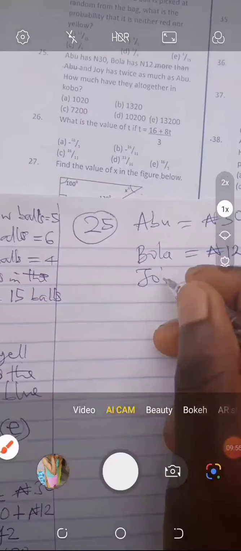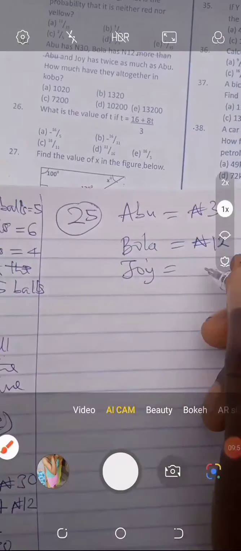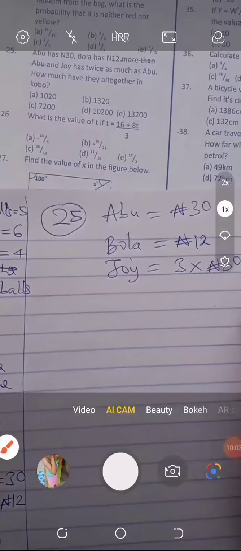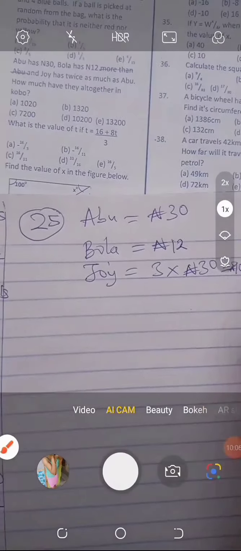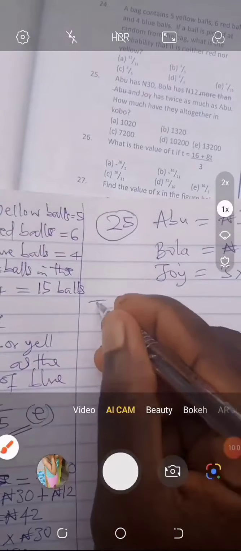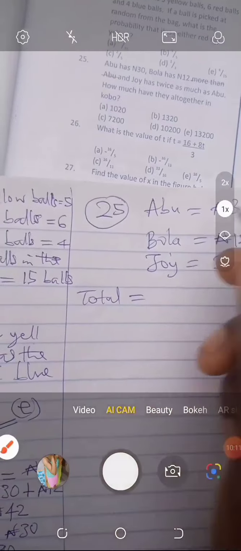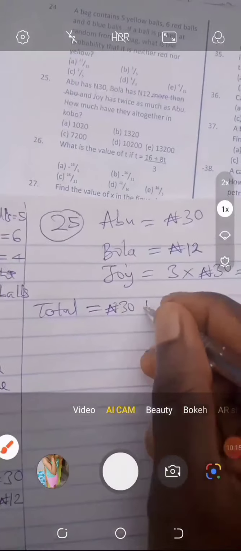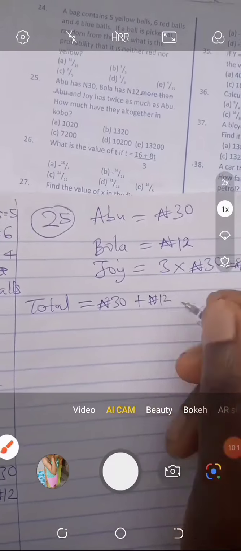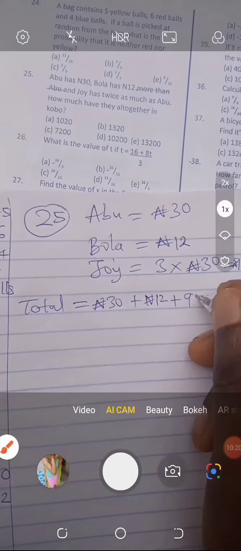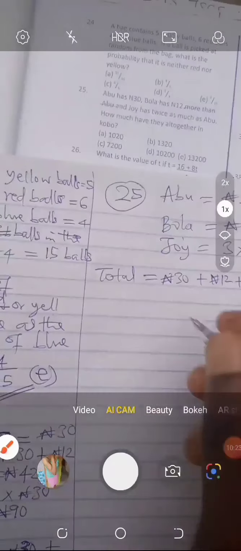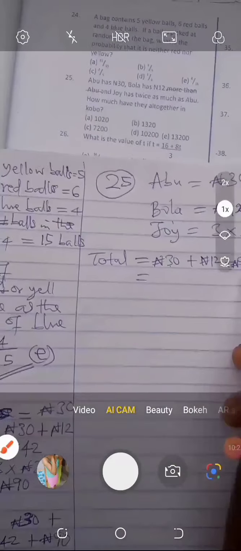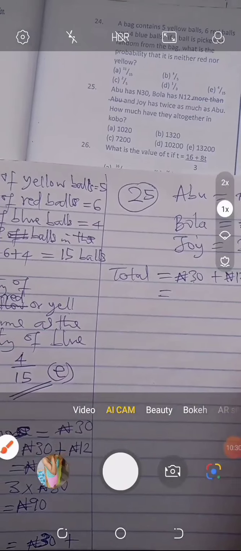Then Joy now has 3 times what Abu has. That is 3 times 30, which will give us 90 naira. So if I add up everything, that is the total of whatever they have together. So when we add up, we have 30 naira, then 12 naira, then 90 naira. When we add up everything, 10 plus 90, we have 120.